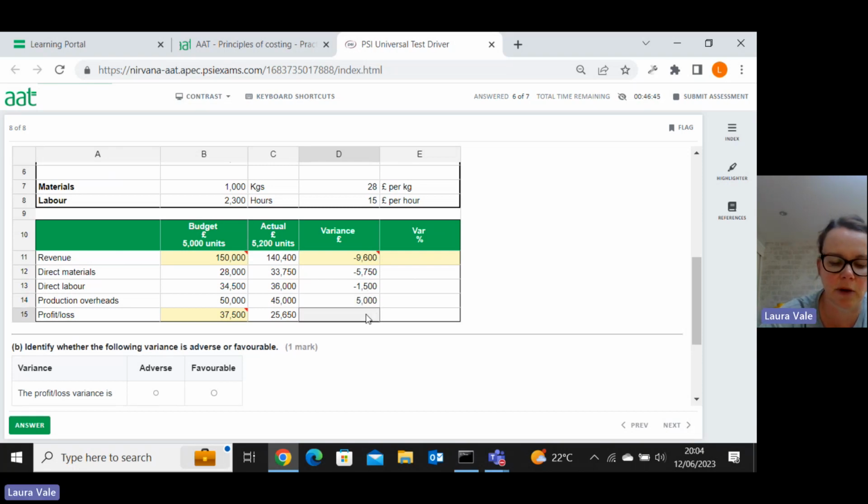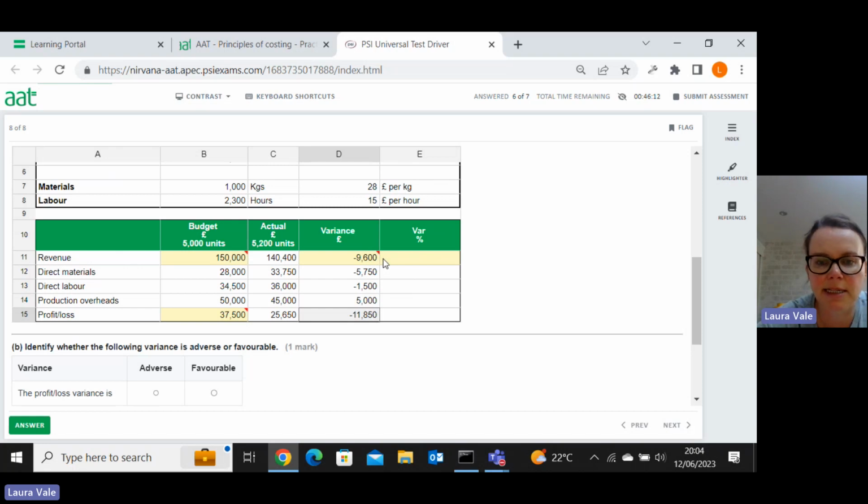And then with the profit or loss, this one's back the other way, isn't it? Because if we've got less profit, then that's a bad thing. So I'm going to do actual take away budget: 25,650 take away 37,500 is minus 11,850. And you can check that this column works, so it should cancel out to 0 if we've done it right.